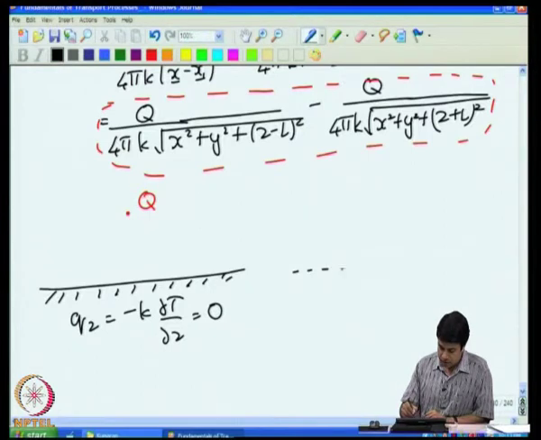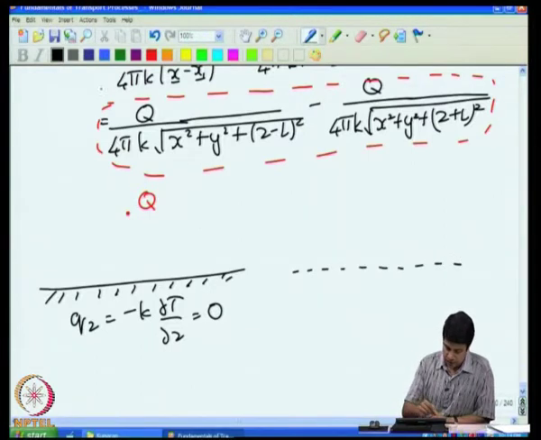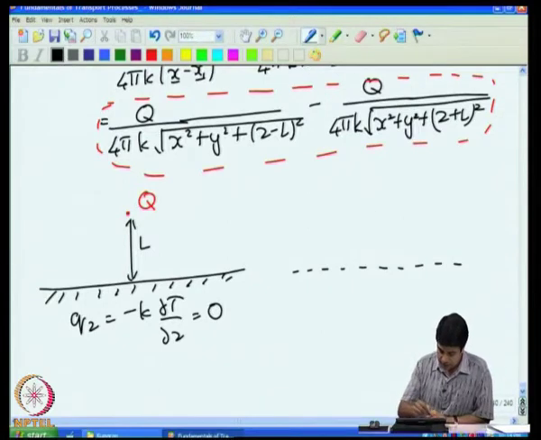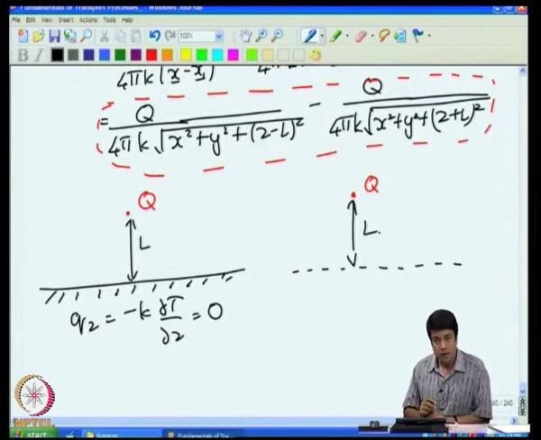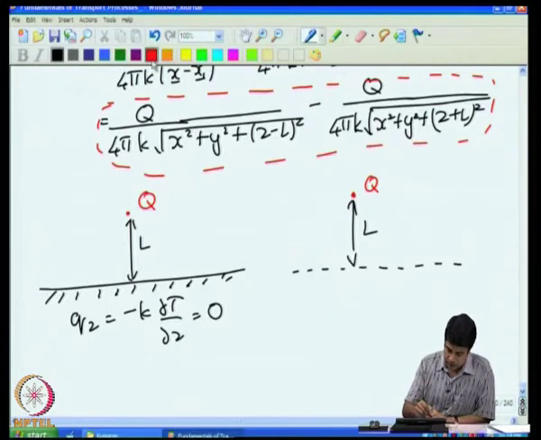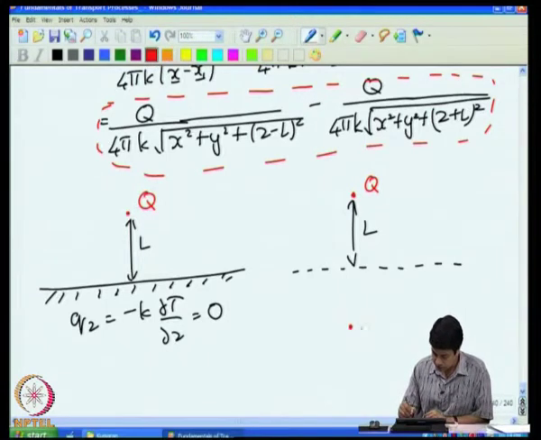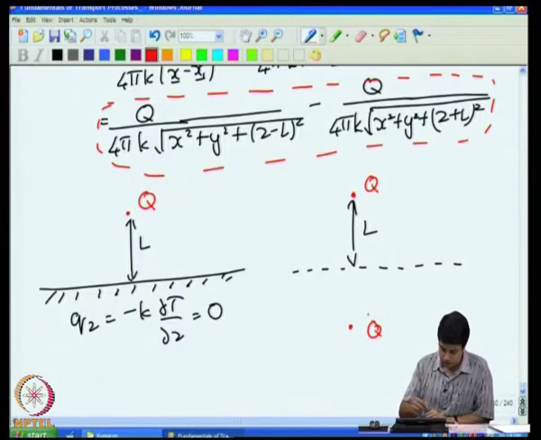This I can consider an alternate configuration where I have, let us say this is at a distance L, and at that same distance L I have a source plus q. However, at the distance minus L I have another source of source strength plus q.